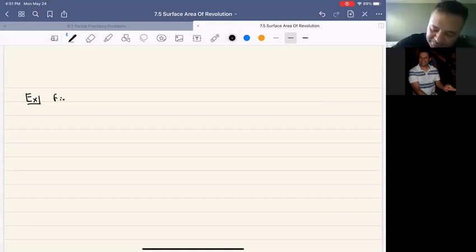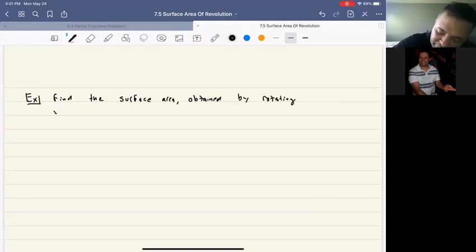So find the surface area obtained by rotating y equals square root of 1 plus e to the x from 0 less than or equal to x less than or equal to 1 about the x-axis.